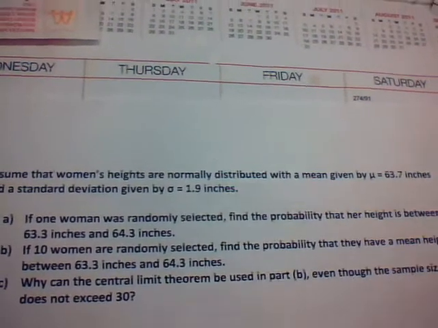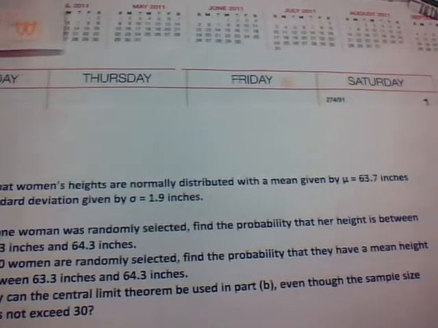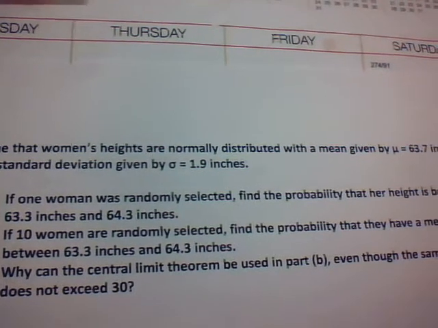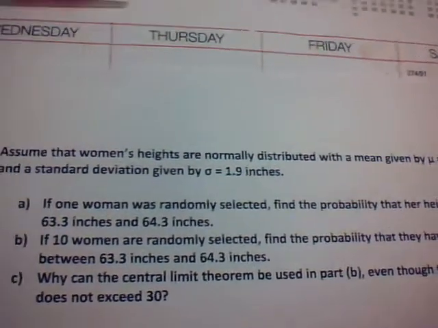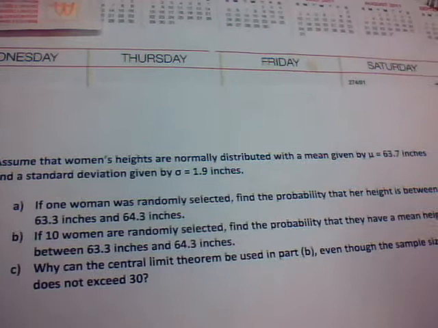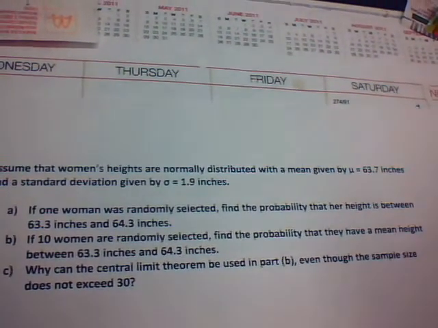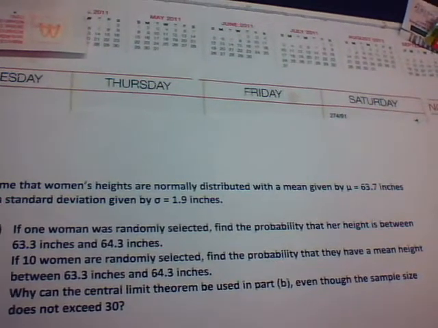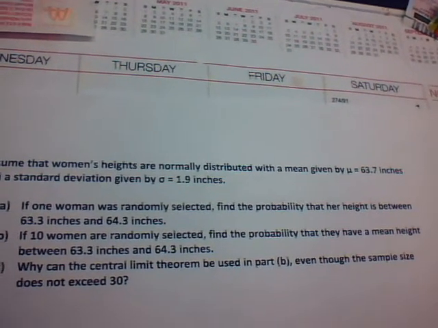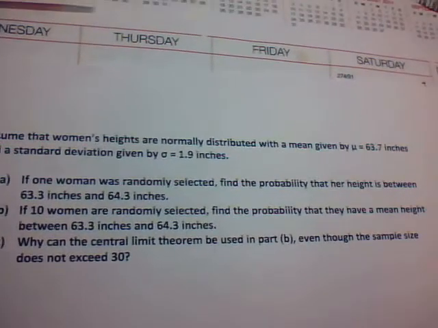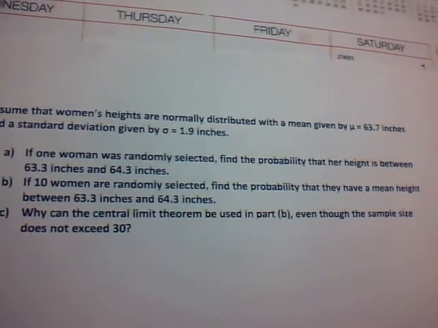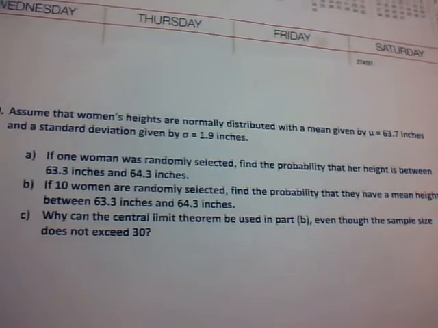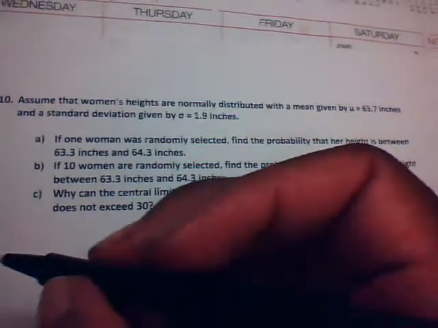If one woman was randomly selected, find the probability that her height is between 63.3 inches and 64.3 inches. And then part B, if 10 women are randomly selected, find the probability that their mean height is between 63.3 inches and 64.3 inches. And part C, why can't the central limit theorem be used in part B even though the sample size does not exceed 30? Let's start with part A.